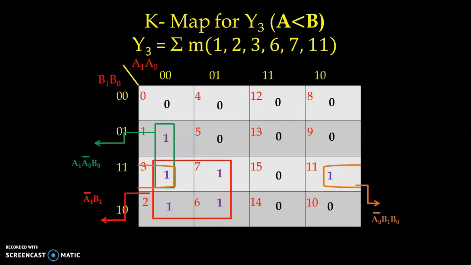And if we write a reduced Boolean function for y3, we can write y3 is equal to A1 bar dot B1 plus A1 dot A0 bar dot B0 plus A0 bar dot B1 dot B0. So this way we can have Boolean function for y1, for y2 as well as for y3.